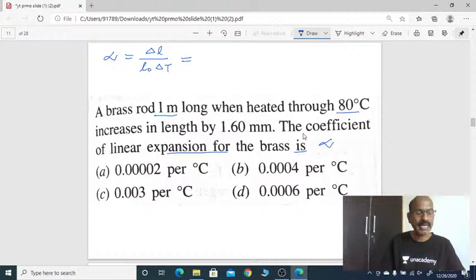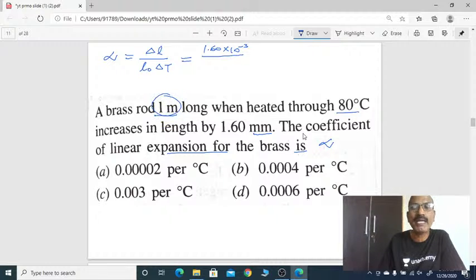So the increase in length is given as 1.60 millimeter. You convert it into meter, clear? So 1.60 into 10 power minus 3, converting millimeter into meter, divided by original length.